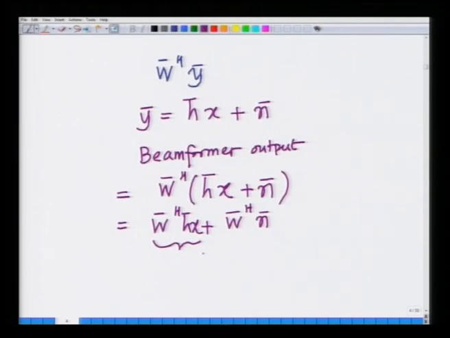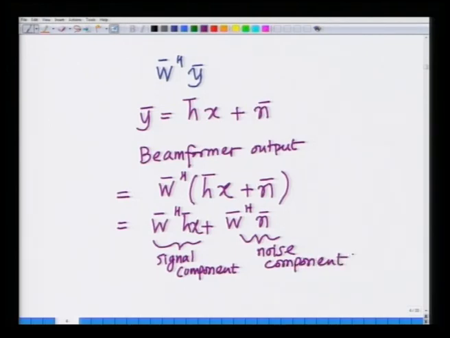This first component is nothing but the signal component, and W bar Hermitian N bar, which is a combination of the different noises at the different receive antennas, is the noise component. So, my output of the beamformer is W bar Hermitian H bar x, which is the signal component, plus W bar Hermitian N bar, which is the noise component.